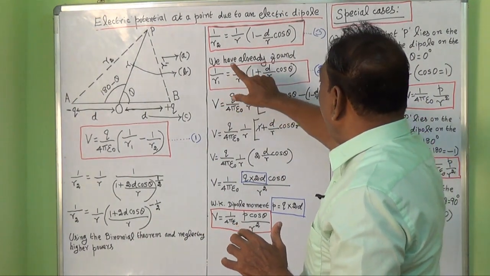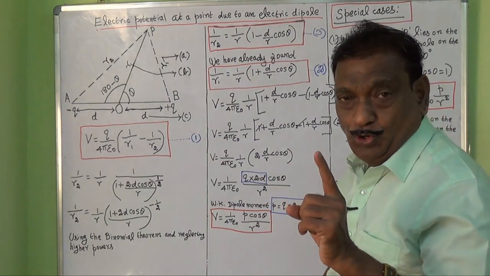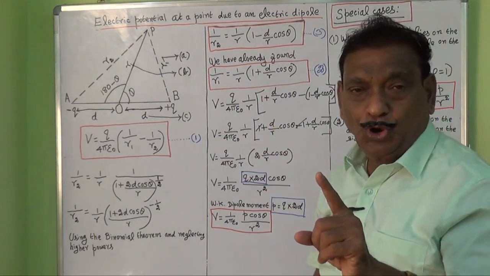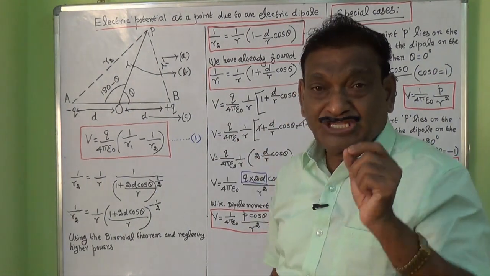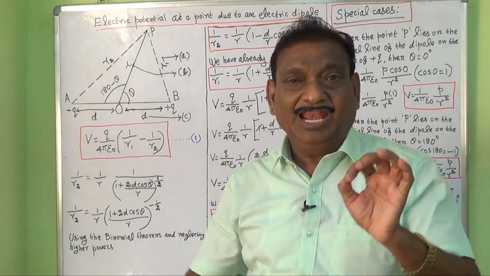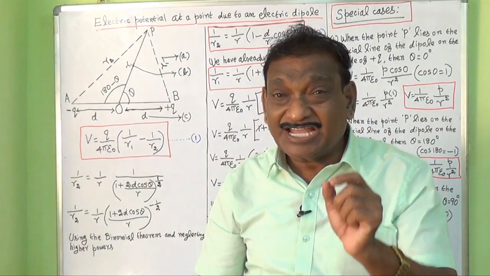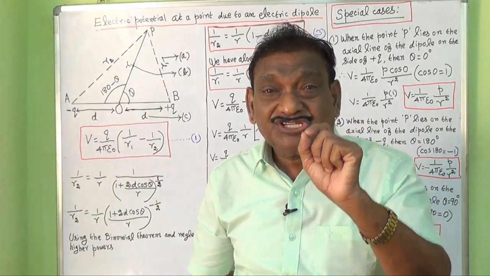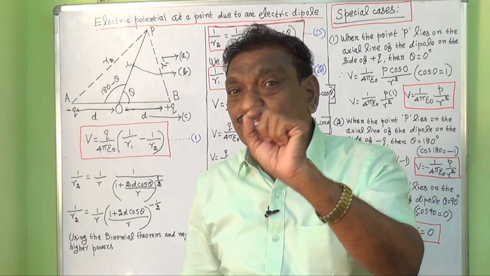Then we have already found 1 by R1 equal to 1 by R into 1 plus D by R cos theta. As per the superposition principle, the electric potential due to a dipole is the sum of the potentials of the charges plus q and minus q.